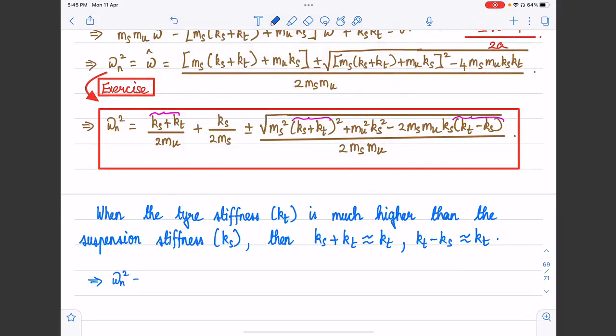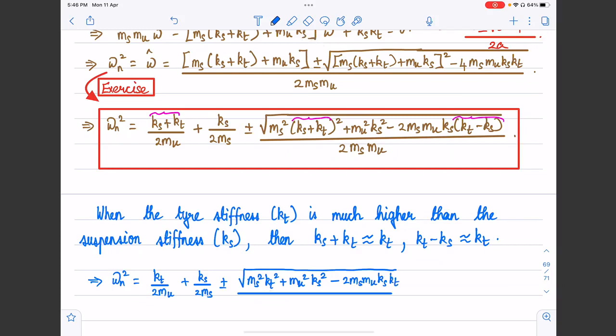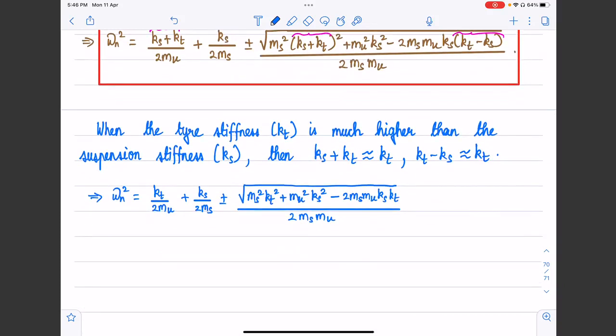The expression for omega n square will become Kt divided by 2 times mu, plus Ks divided by 2 times ms, plus or minus square root of ms square Kt square plus mu square Ks square minus 2 ms mu Ks Kt, divided by 2 ms mu. So this is what we have.